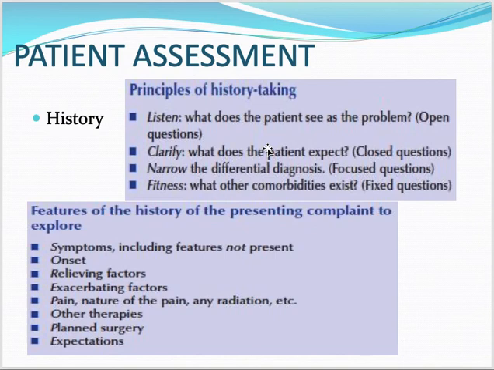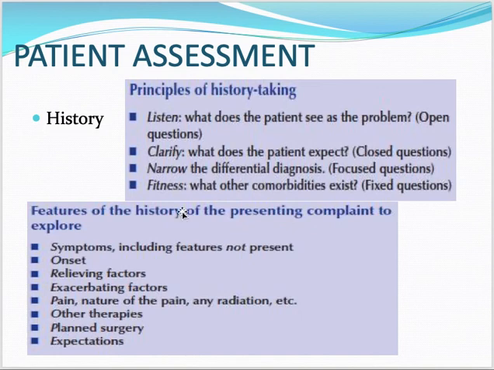Then for clarification, you can ask some close-ended questions. For example, if the patient says the pain started here and there, I can ask, is the pain hurting your back as well, just to refine my search.